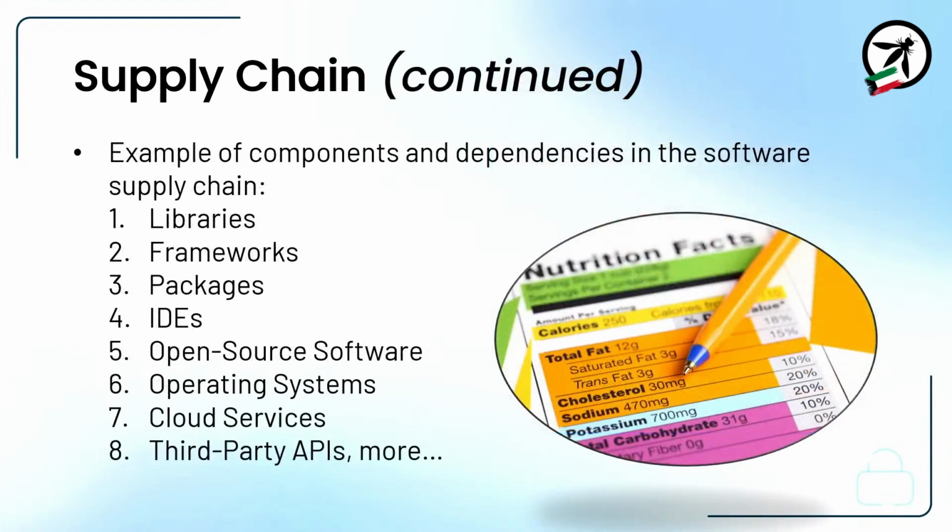The same concept is applied to software. Your software will be using some libraries, frameworks, packages, IDEs, open source software, operating systems, cloud services, third-party APIs, like payment processing, and so on. It can be thought of as software ingredients.